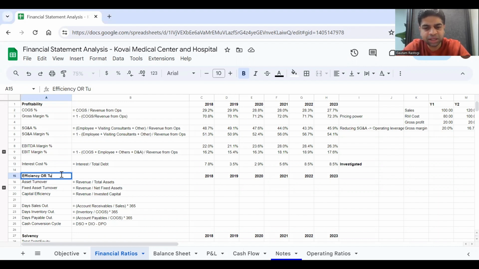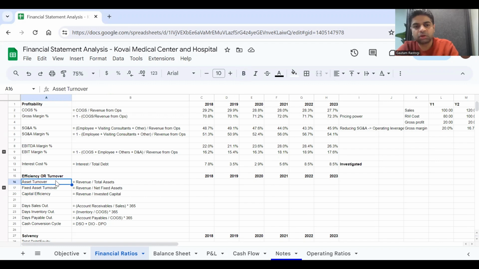Efficiency means the efficiency with which the company is deploying capital, or sweating its assets, or utilizing its assets. It's also called turnover. Turnover means the sales which the company generates on, say, every dollar worth of assets. That is basically the asset turnover ratio.